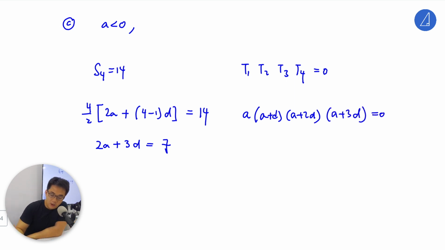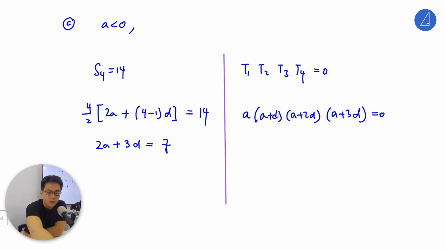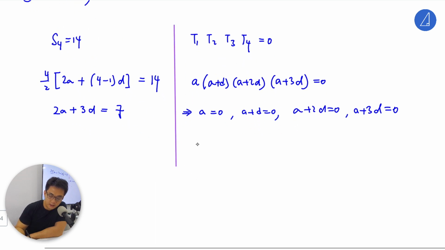What you need to understand is that either this is 0, this is 0, this is 0, or this is 0. So from here, I'll get either A is 0, A is minus D, A equals minus 2D, or A equals minus 3D.